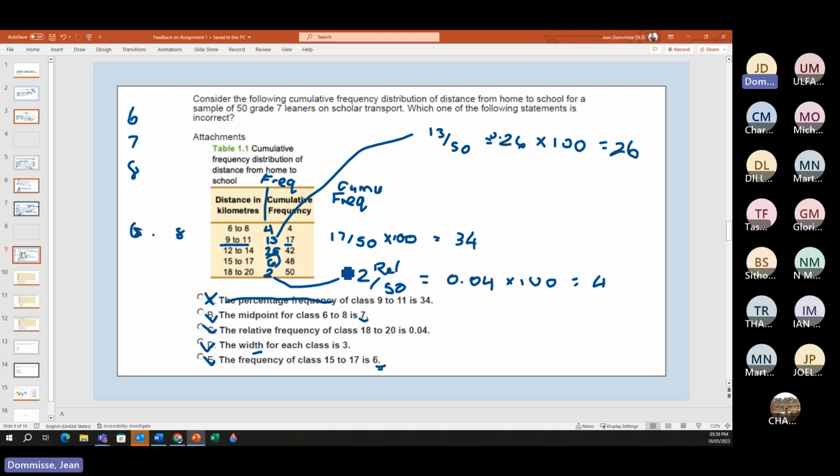So again, around these frequencies, relative frequency, cumulative frequency, they can actually ask you a lot of things. Sometimes they give you a table with frequency numbers. Sometimes they give you the table where it is cumulative frequency.